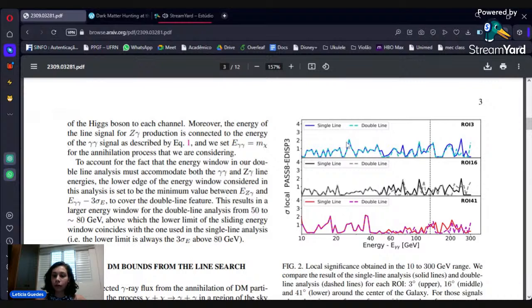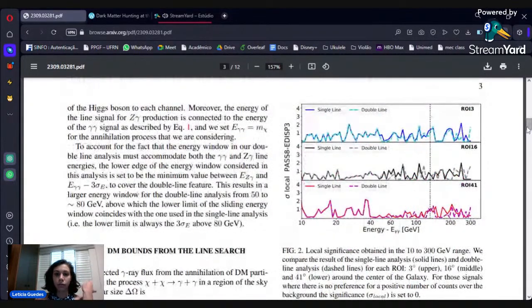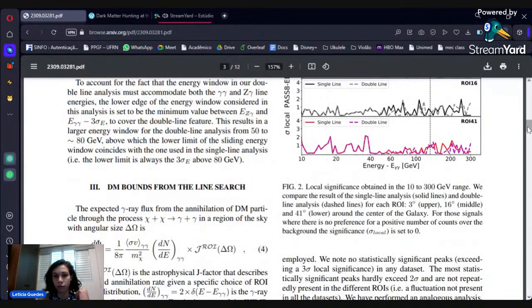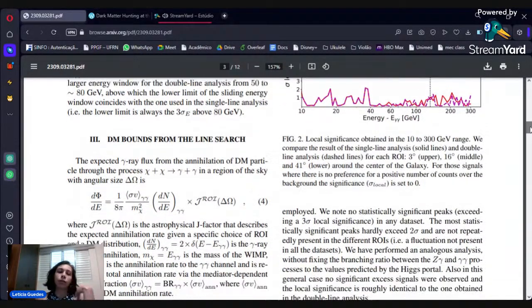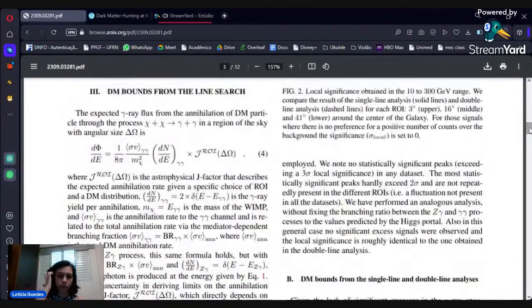And even if one did, none of the peaks are equal in the regions, at the same value of energy. So it doesn't show anything significant. But this analysis of double line, as they say in this paper, can be used on other types of data, and you can still use this to discover something with other data and other regions as well.